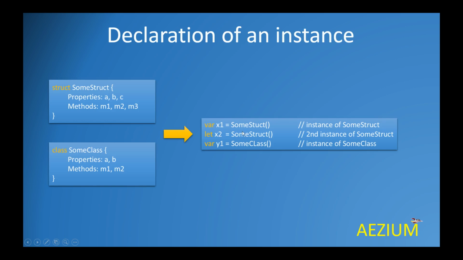So these two are going to be completely different in the sense they will have the same set of properties and methods as our structure, but these properties and methods are specific to x1 and x2. They're not shared by them. And the last example here is showing the case of declaring a variable called y1, and we are assigning to it an instance of the class SumClass.